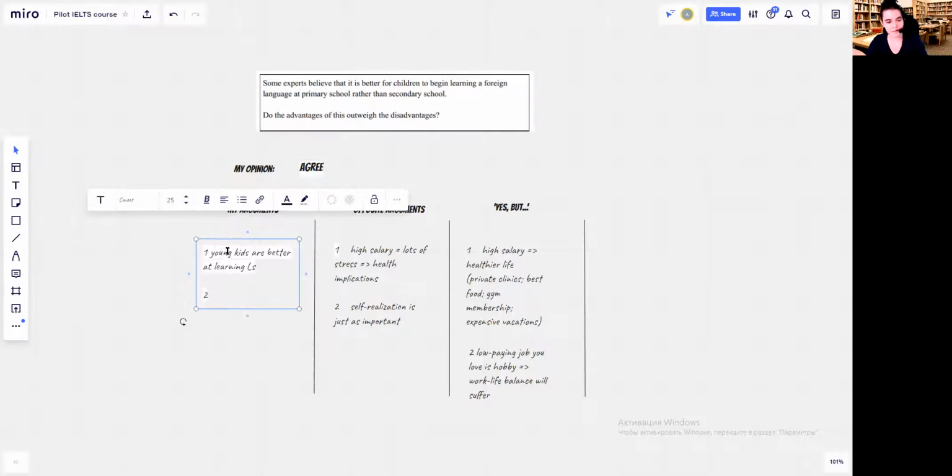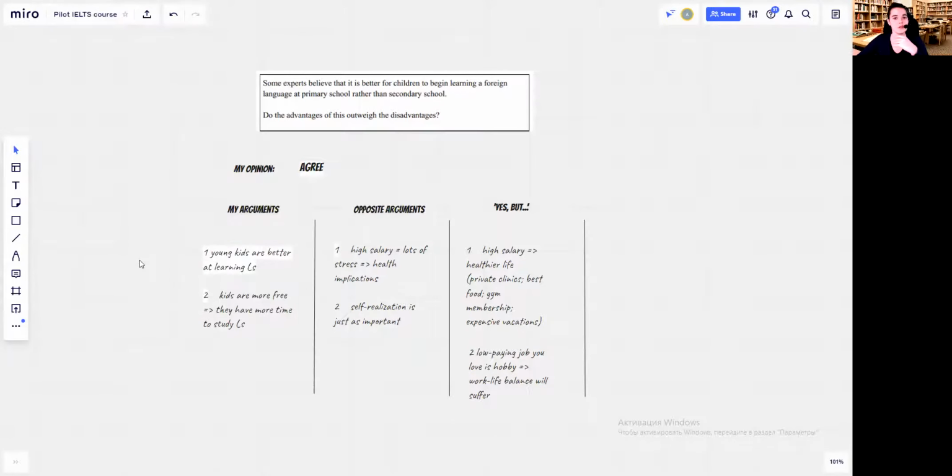I like that idea very much. So kids are more free. Therefore, they have more time and energy to study languages.